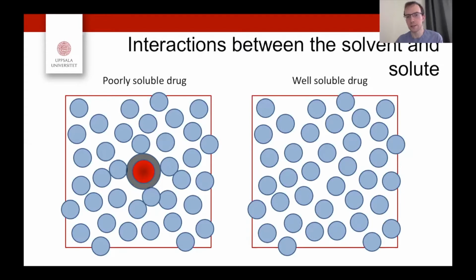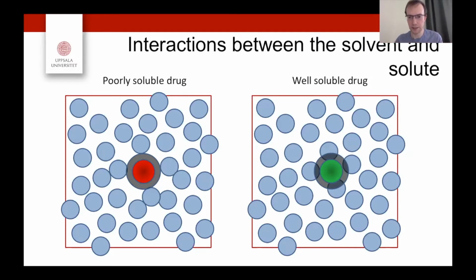Another case is if you have a molecule that is attractive and attracted by the water molecules, so hydrophilic basically. Then, yes, of course, it has some steric factor, so it might occupy some space, but these water molecules would rather come closer until their electronic clouds start to overlap.